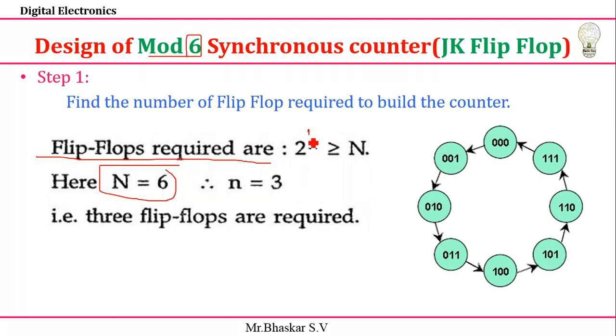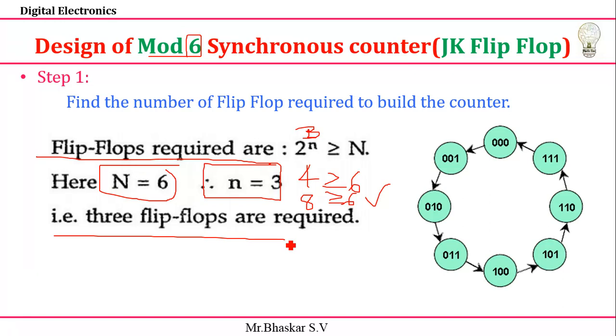If I take 2 to the power of 2, it is 4, and 4 is not greater than or equal to 6. Then what is the option? 3. 2 to the power of 3 is 8, and 8 is greater than or equal to 6, so this condition is satisfied. That's why we choose n equal to 3, so 3 flip-flops are required.